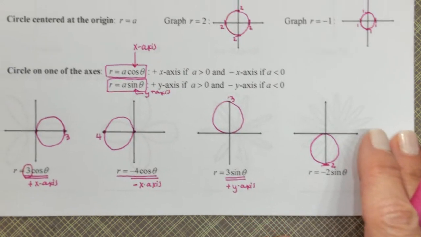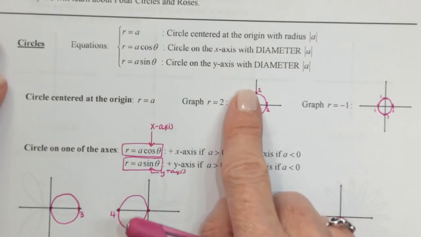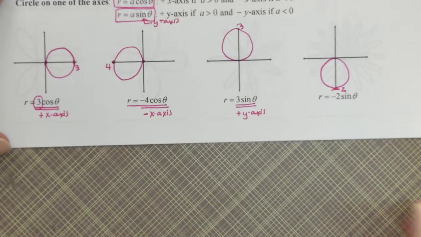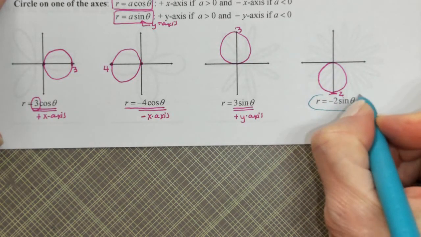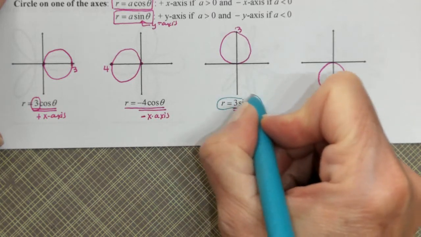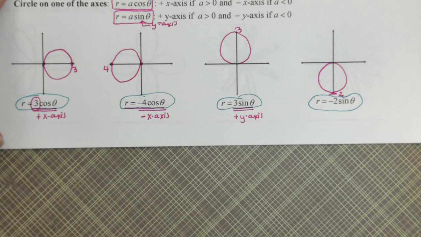Those are all the circles, either centered on an axis or centered at the origin. You need to be able to recognize this. So when you see an equation like that, you know it has to be a circle. We're going to get more and more equations, so let's keep these all straight. What is true about each of these?